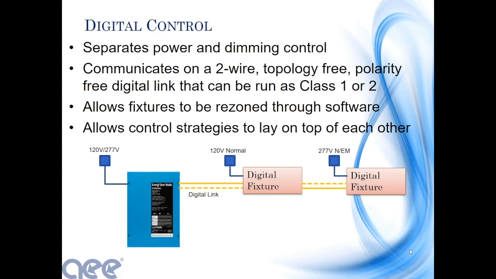The difference is that each fixture is digital and addressed: in response to this photo sensor, I'm going to go to this light level; in response to this button press, I'm going to go to this light level. All of that is stored at the fixture as opposed to being stored at the controller. Okay, if that makes sense. It allows you to easily layer control strategies on top of each other, and you can rezone through software as opposed to through electrical wiring.